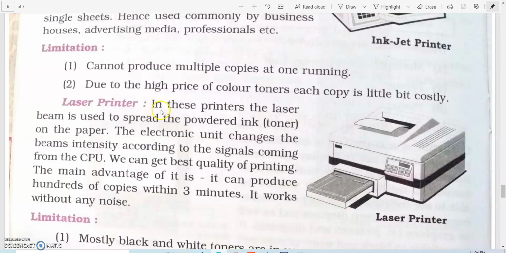The limitations of this printer, meaning drawbacks or disadvantages: first, it cannot produce multiple copies in one run, meaning at one time it will not print multiple pages. Second, due to the high price of color toners, each copy is a little bit costly. It is also a kind of costly printer.